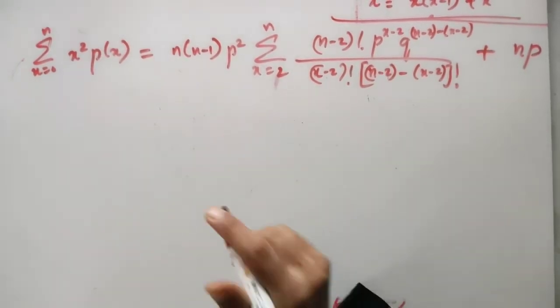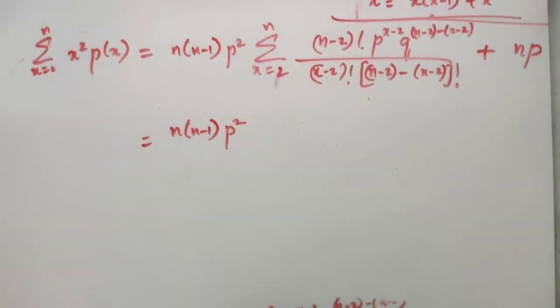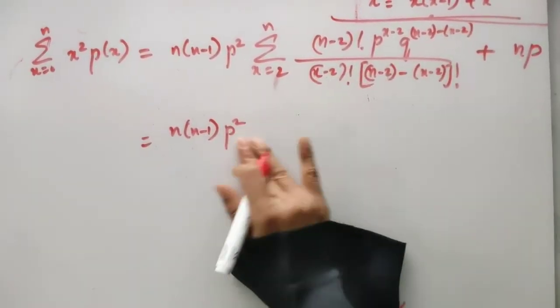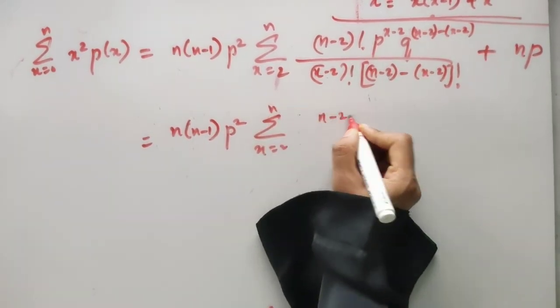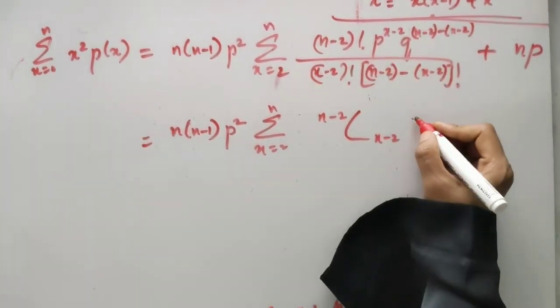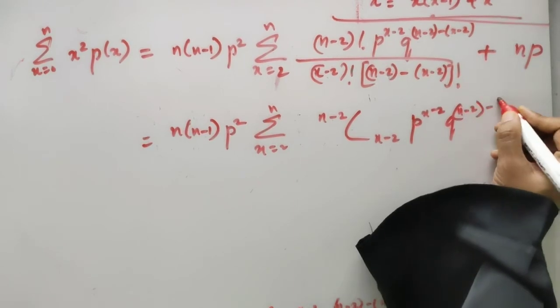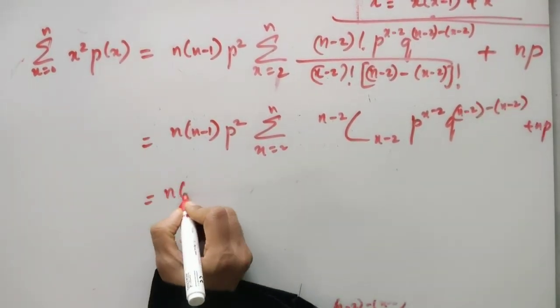Okay. Now n into n minus 1 into p square. Okay. And this thing is nothing but summation. Okay. I'll write it. Summation x going from 2 to n, n minus 2 C x minus 2 you can write. Okay, and p raised to x minus 2, q raised to n minus 2 minus x minus 2, plus n into p you can write.